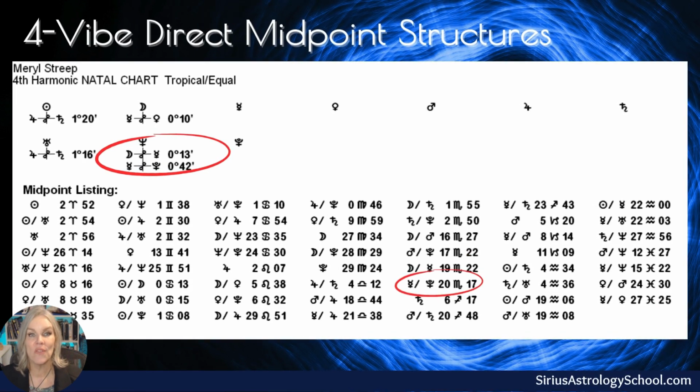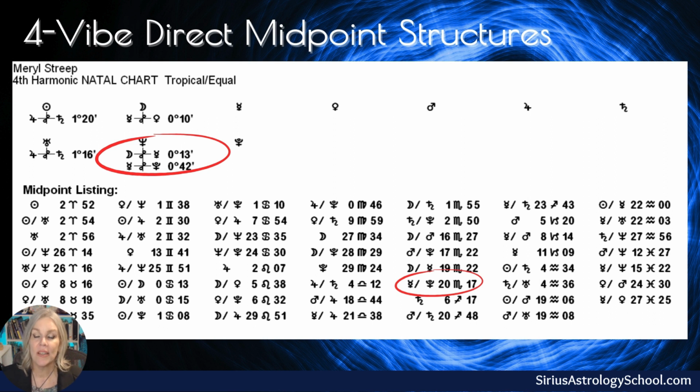And this is her 4 vibration direct midpoint structures. And I took the indirect midpoint structures out because we don't look at them in the vibration charts. So what we see here is we see Neptune opposition midpoint of Mercury and Pluto at 42 minutes. That's interesting, isn't it? It's a different orb.